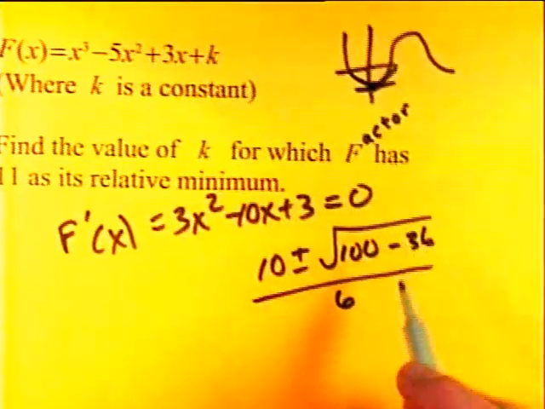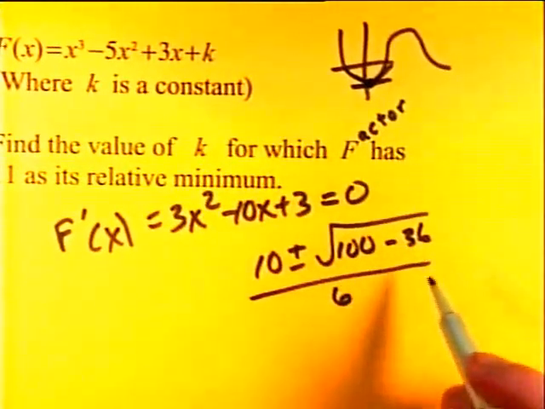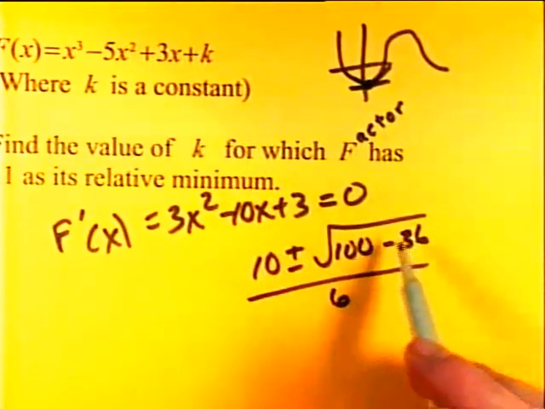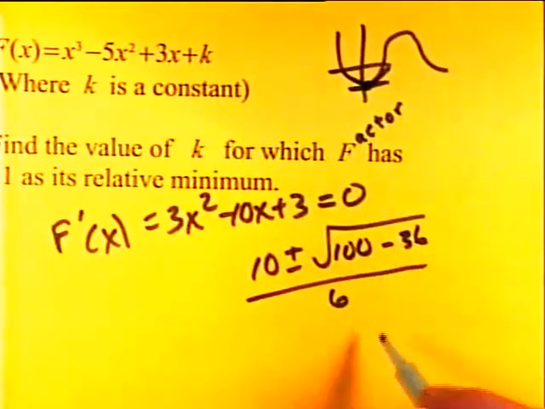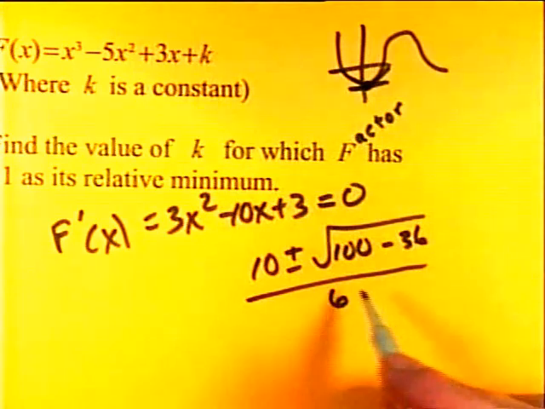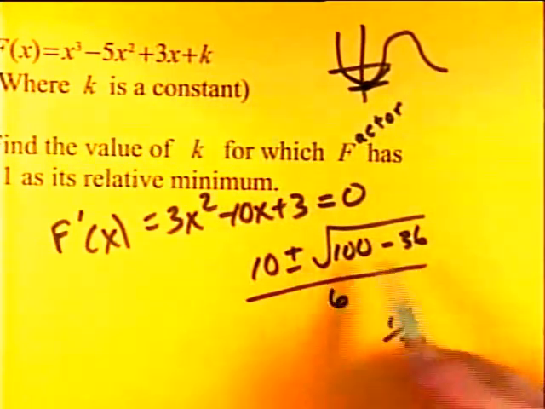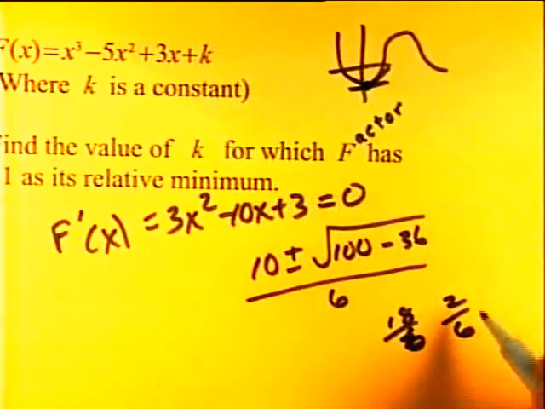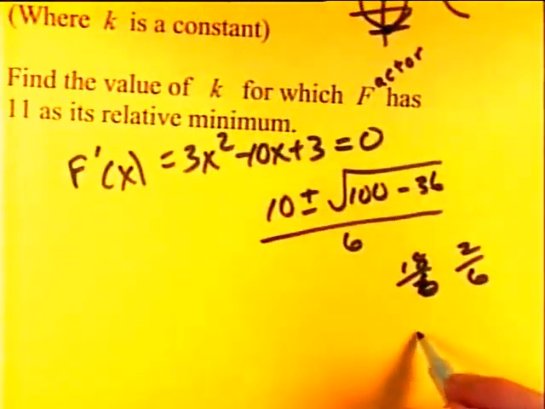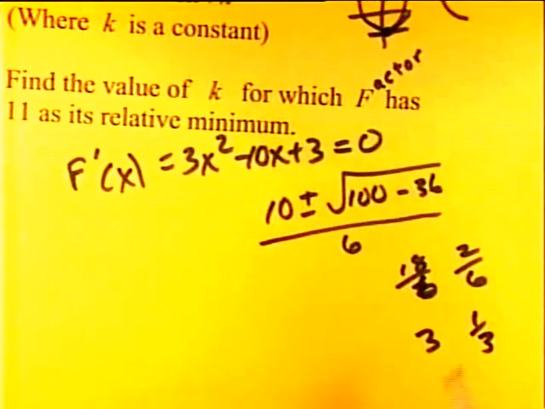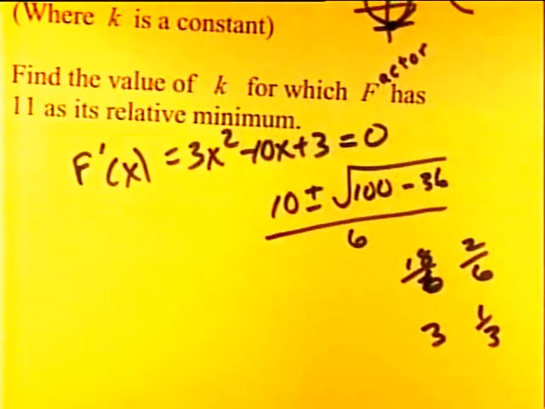Okay, so what's the square root of 100 minus 36? What does that equal? That's 8, sorry. So you got 10 plus or minus 8, so you got 18 over 6 and 2 over 6, right? Right. So you got either 3 or 1/3. How do we know which one's the relative minimum?